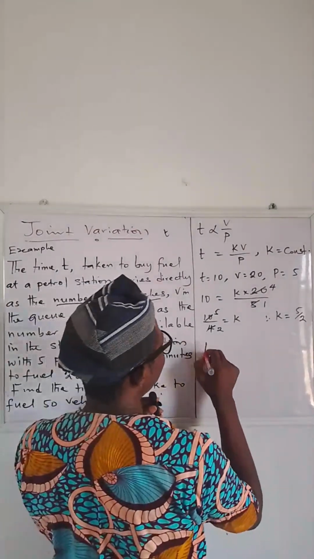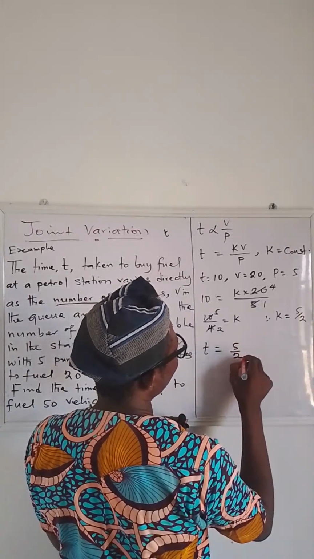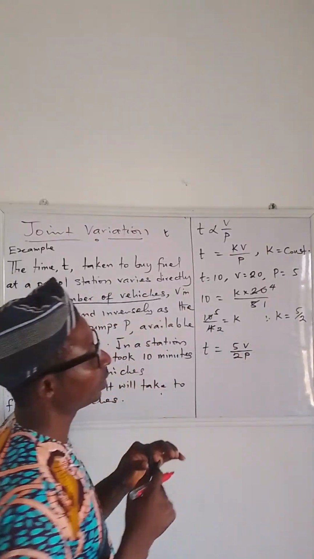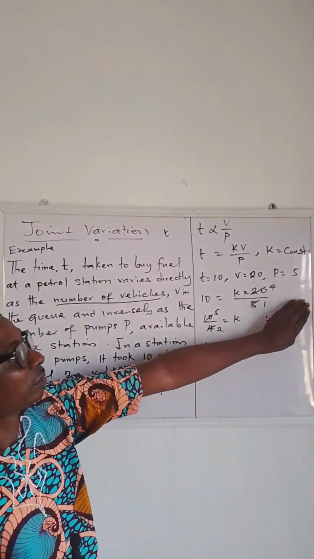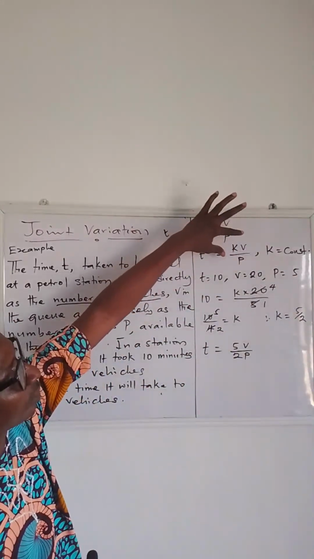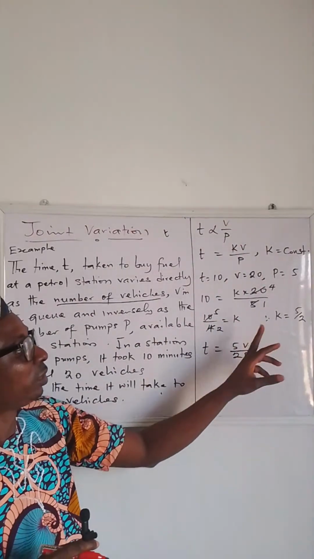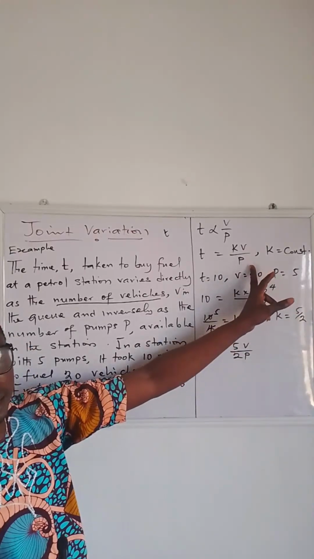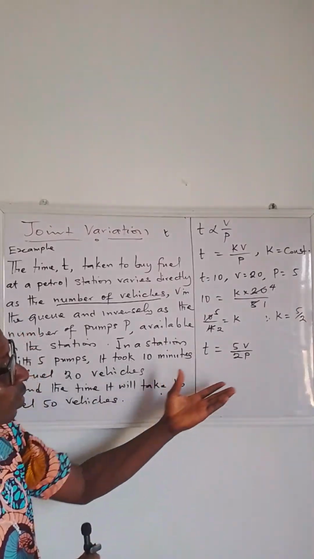T equals K, which is 5 over 2, times V over P. Now you have a fraction multiplying another fraction, so the numerator multiplies the numerator while the denominator multiplies the denominator. So this is the connecting formula.